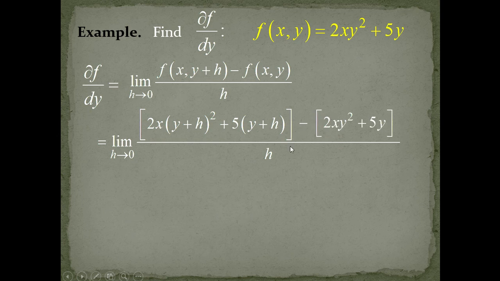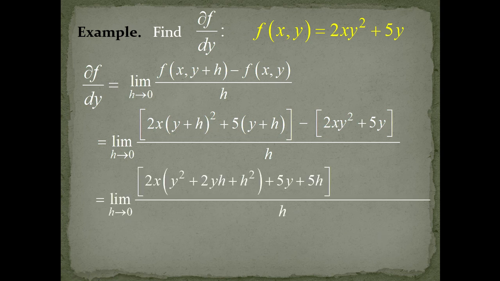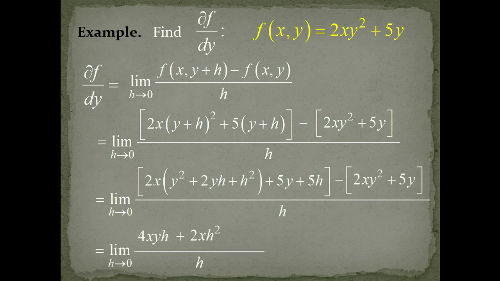Then after that, you can expand this one. Then after that, you combine similar terms, then simplify. So after expanding, and after combining terms that are similar, you have this result. Okay, so we have this resulting expression.